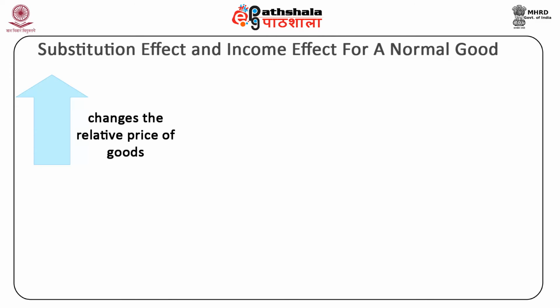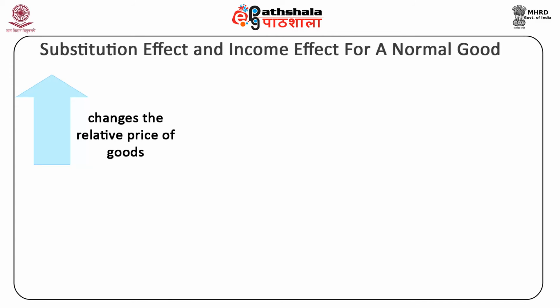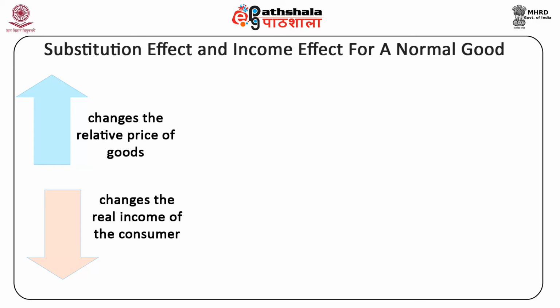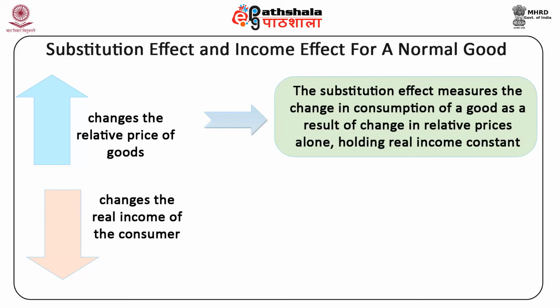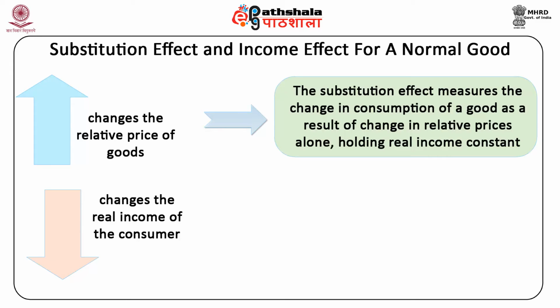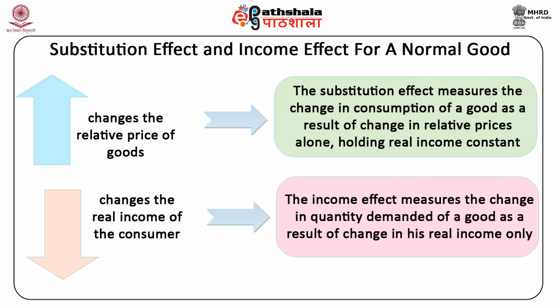It changes the relative price of goods and it also changes the real income of the consumer. The substitution effect measures the change in consumption of a good as a result of change in relative prices alone, holding real income constant. On the other hand, the income effect measures the change in quantity demanded of a good as a result of change in his real income only.